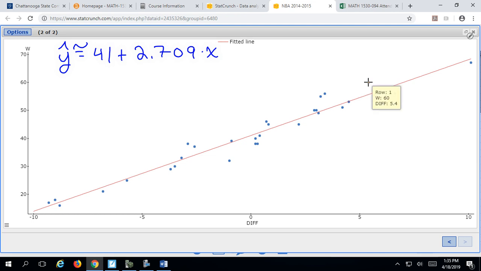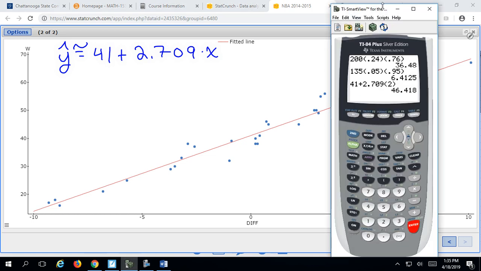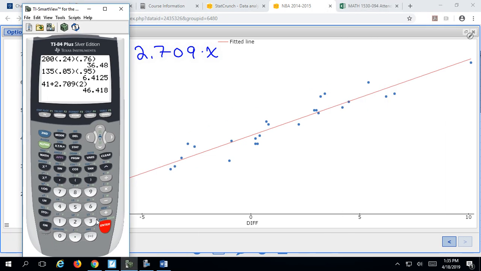So they had 60 wins, point differential of 5.4. So if I make a prediction for them, I plug in a 5.4 point differential. It's only going to predict about 56 wins, but they got 60.